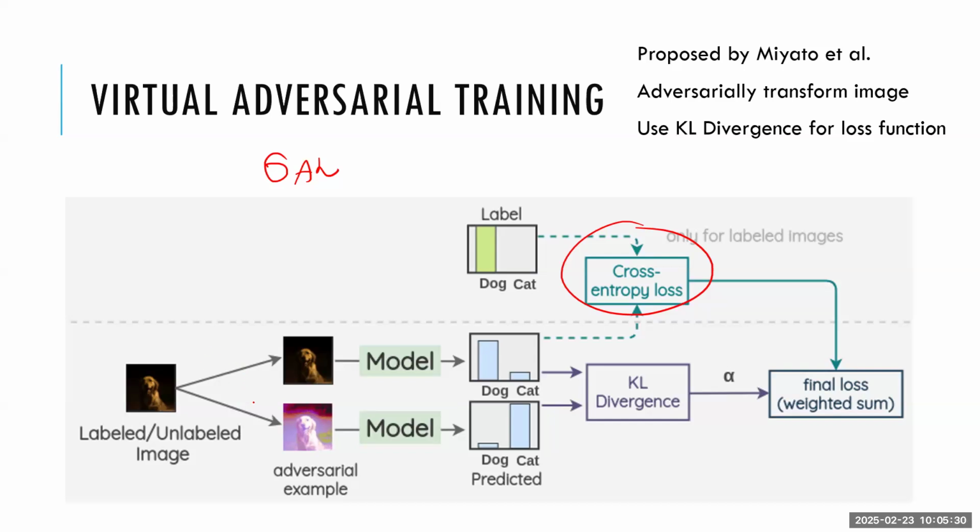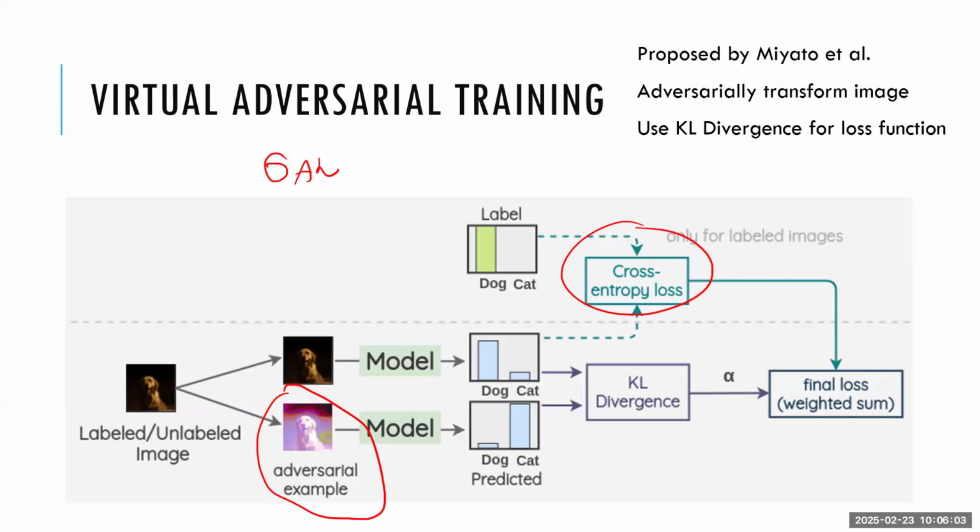it's going to try to create an adversarial example. So not just augmented, but adversarial. Adversarial means that you want to try to add some noise to the image, or maybe change the color, but from a human perspective, it's the same image. But for the model, it should produce a different result.